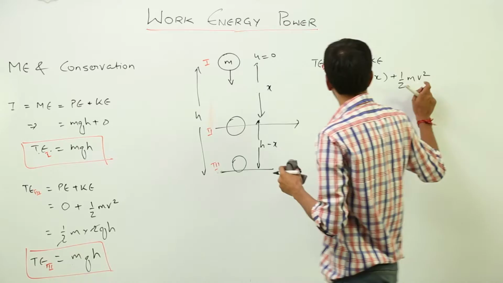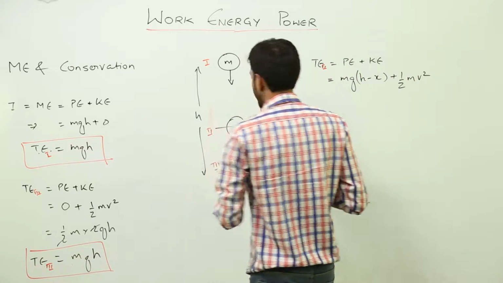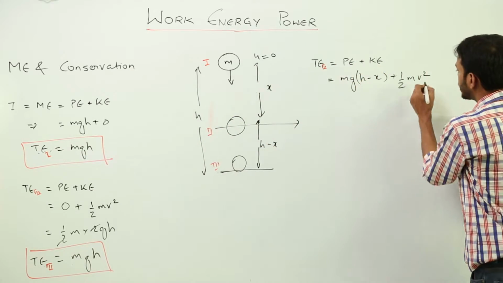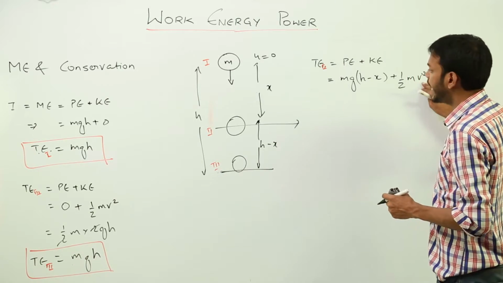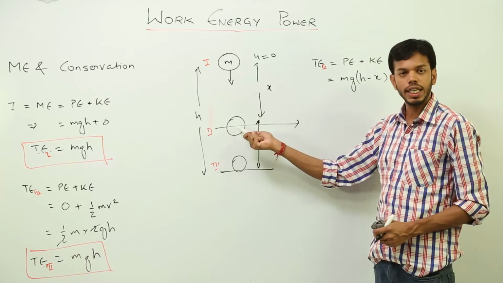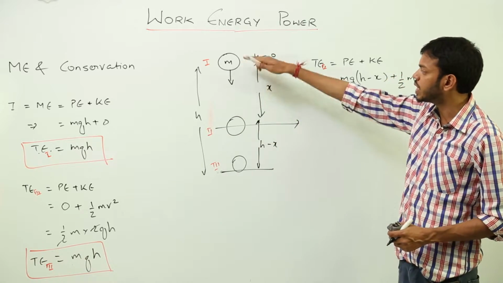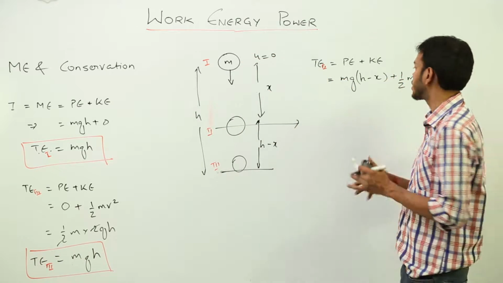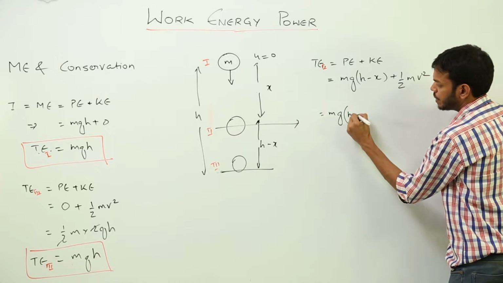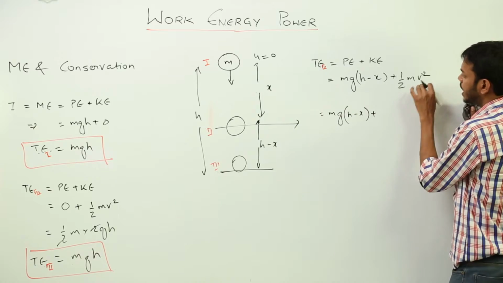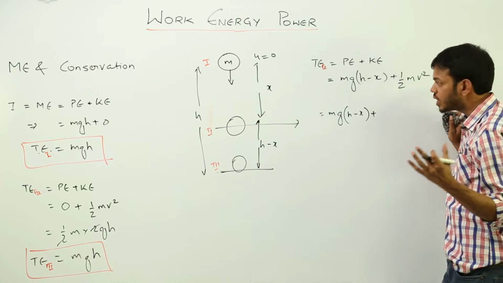This time I'll consider v dash square, so it won't create any confusion. V dash is the velocity the body has attained after covering x distance. So this becomes mg(h minus x) plus half m v dash square.